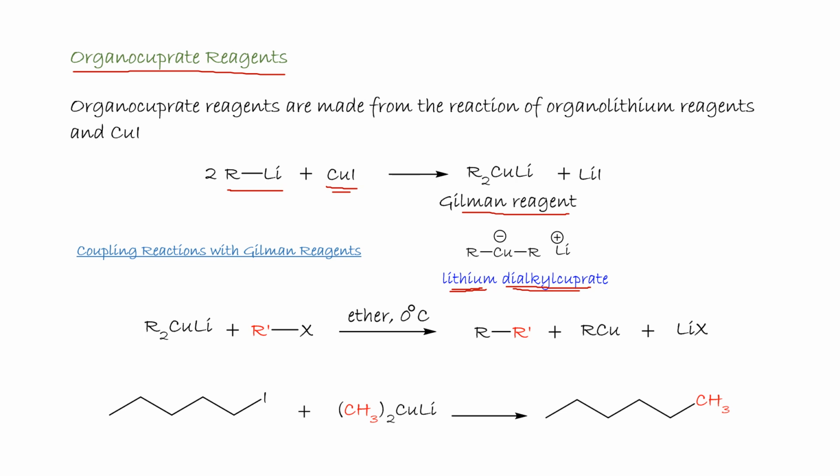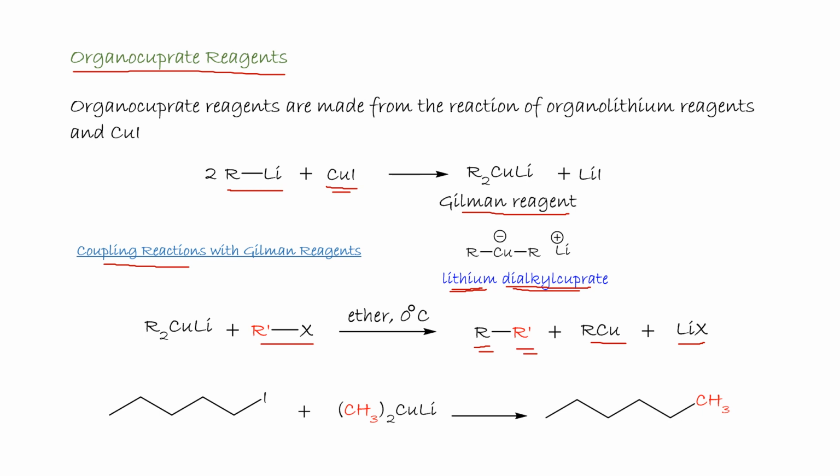The good thing about the Gilman reagent is that it reacts with alkyl halide to form what we call a coupling reaction, forming R-R', and of course alkyl copper and lithium halide.